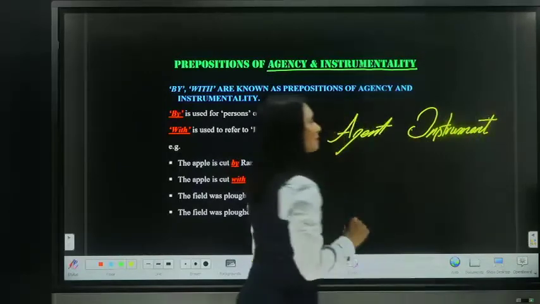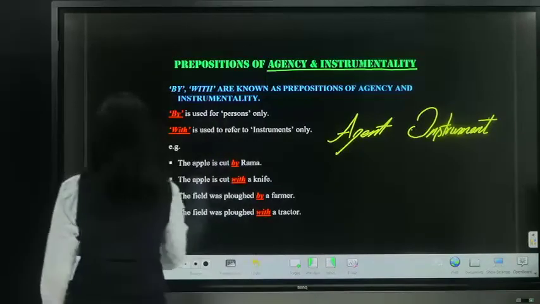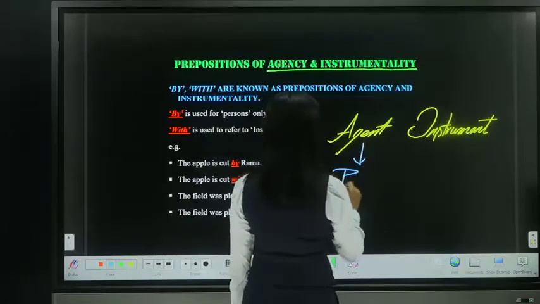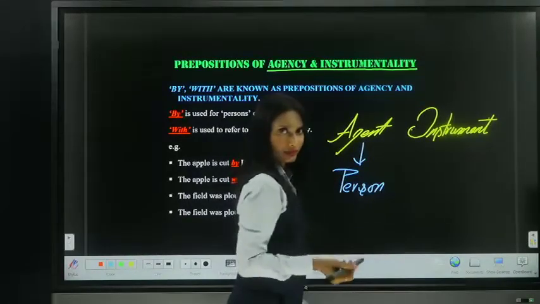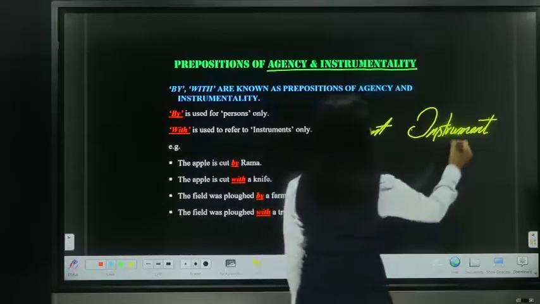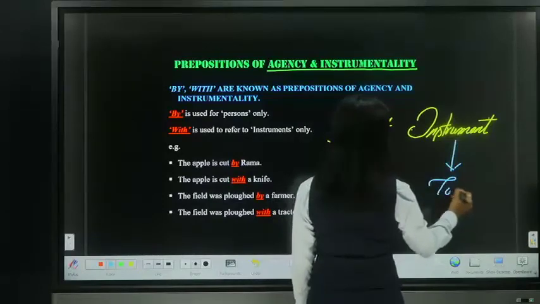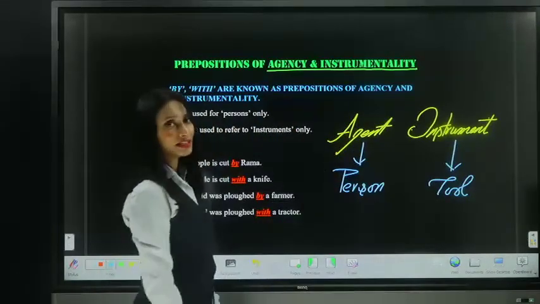Here the agent is a person, nothing more than that. Instrument in the sense of tool. Agent means person, instrument means tool.